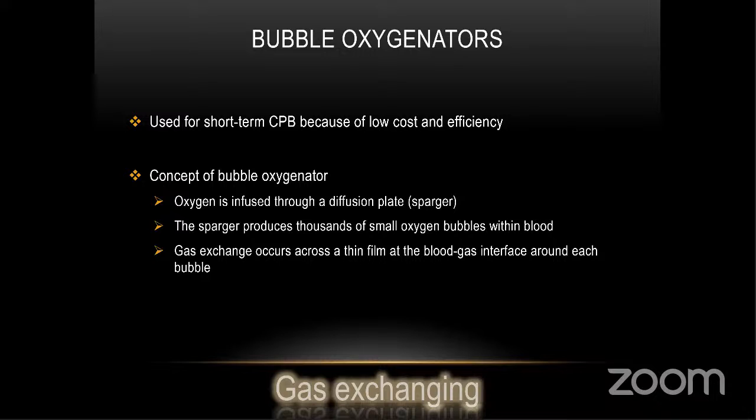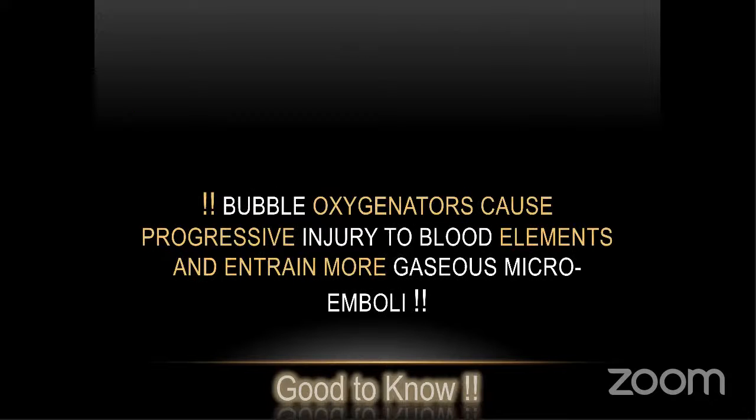Gas exchange occurs across the thin film at the blood-gas interface around each bubble, so carbon dioxide diffuses into the bubble and oxygen diffuses outward into the blood. Bubble oxygenators cause progressive injury to blood elements and entrain more gaseous microemboli.